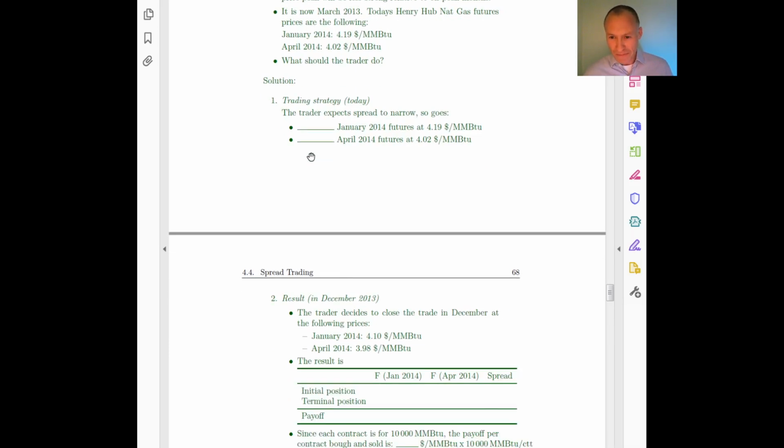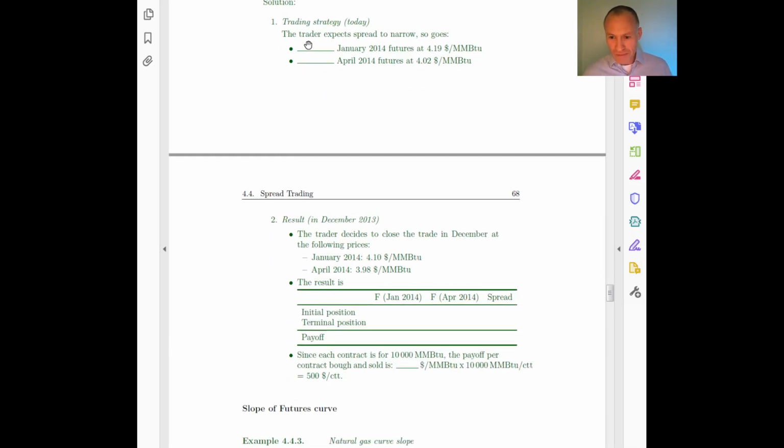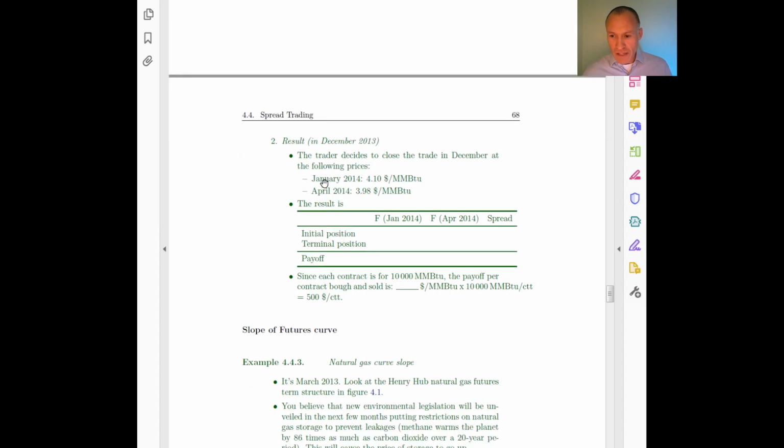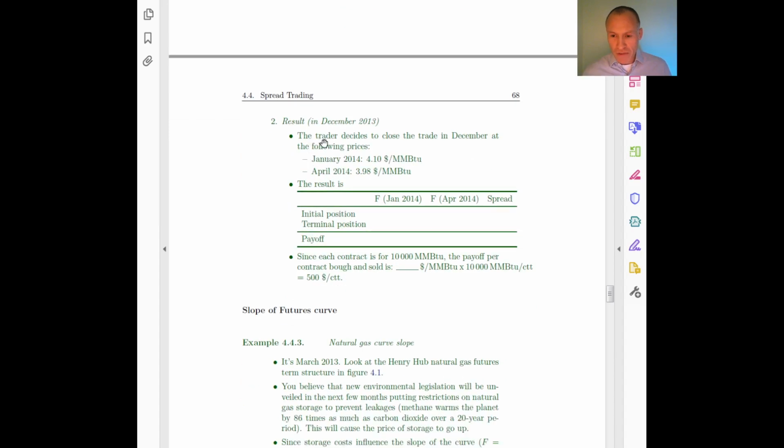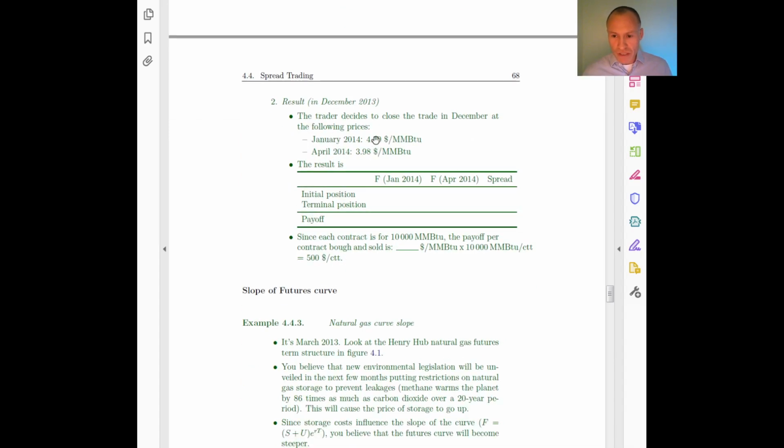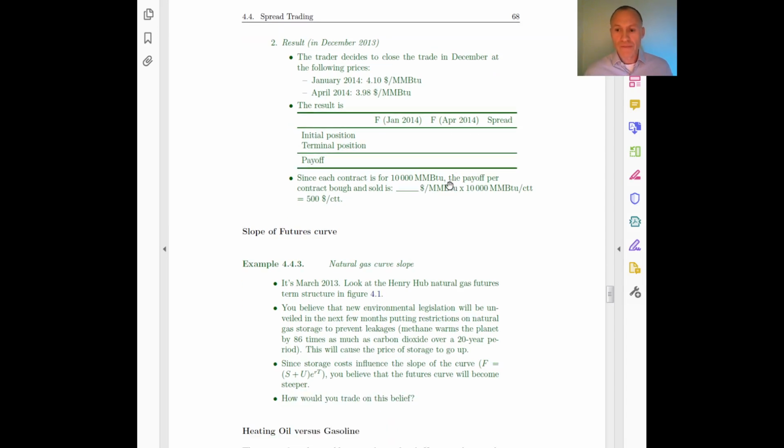Okay, so you do the trades. Okay, and then let's say that some time later, when you close the position, these are the final prices. Okay, fill out this table here where you compute the profit for each of these positions. For your trade in the January contract, your trade in the April contract, and compute the payoff. This is how much you get.